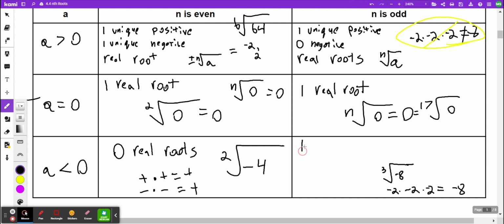There's going to be one real root, and it's going to be one negative root, but there's going to be 0 positive roots.